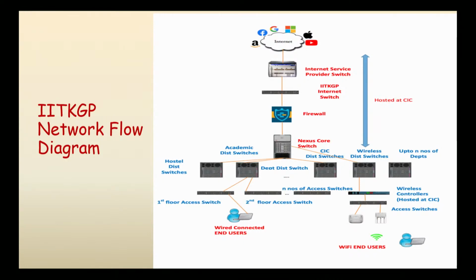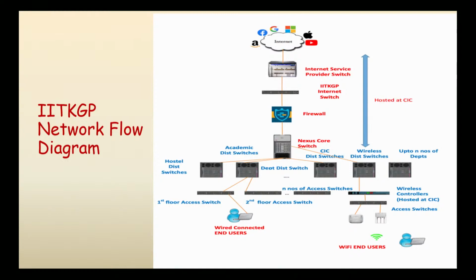Then we have the Nexus core switch, which is the main switch, again housed at CIC. From there it goes to the different units like academic units, hostels, etc. And this goes through the distribution switches.